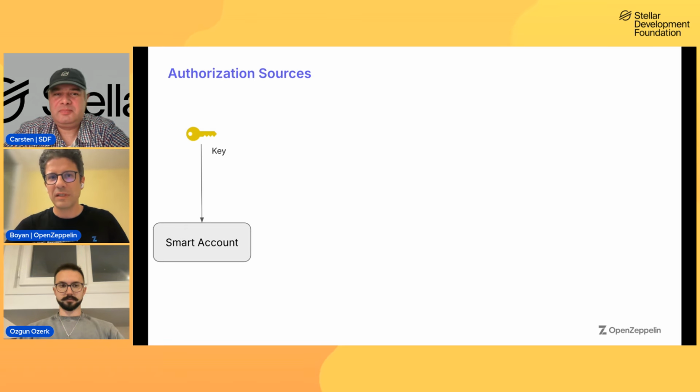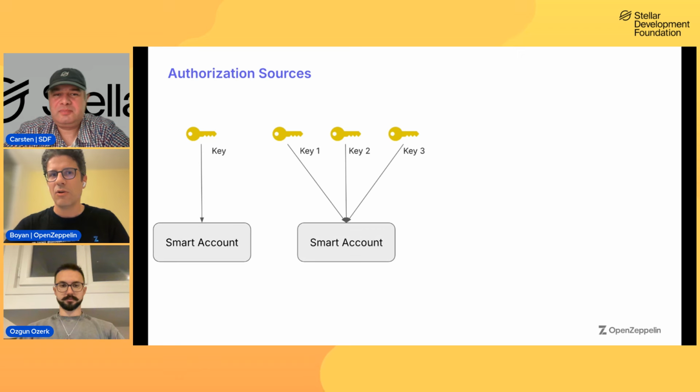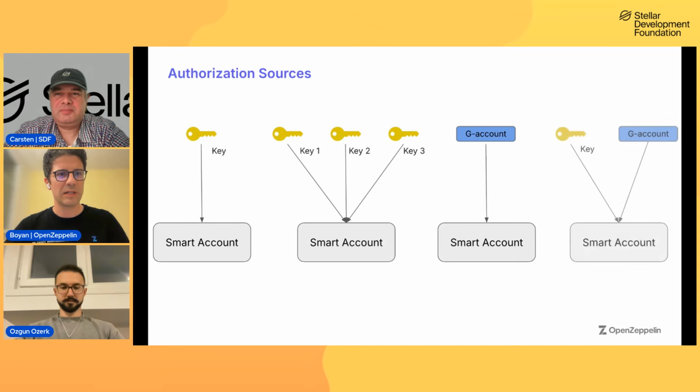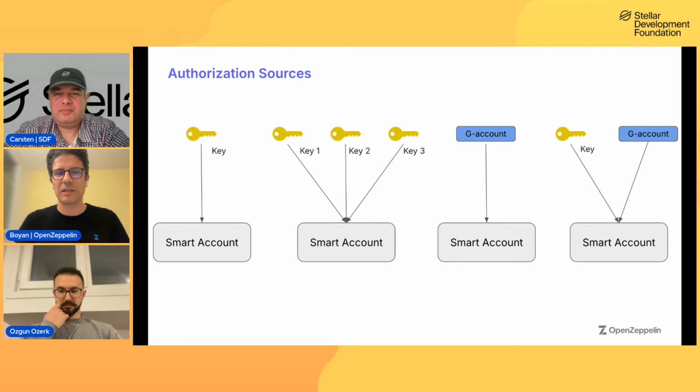As in the previous example, an authorization source could be a cryptographic key, or there could be multiple cryptographic keys for the same smart account, or it could be a G account that authorizes on behalf of the smart account, or it could be any combination of these cryptographic keys, G accounts, or other smart accounts and smart contracts.